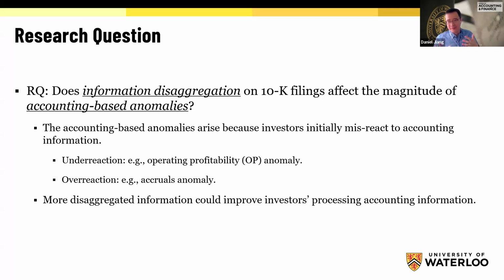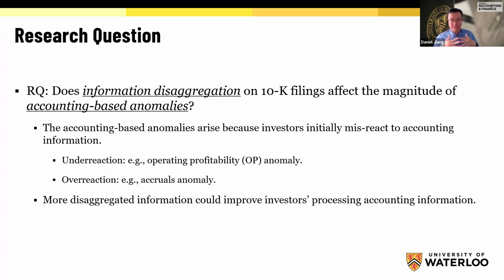So in the literature, many accounting-based anomalies arise because investors either underreact or overreact to accounting information in the first place, and then the price correction will take some time to happen. In other words, if investors could better understand the pricing implication of those accounting numbers in the first place, then a lot of accounting-based anomalies would be weakened or even disappear.